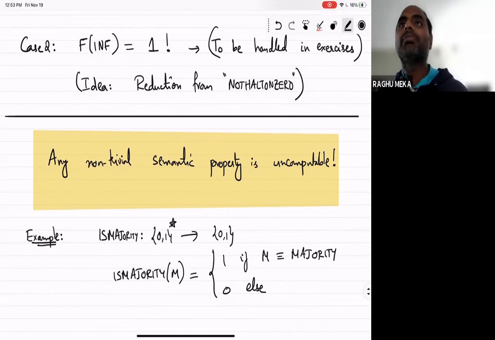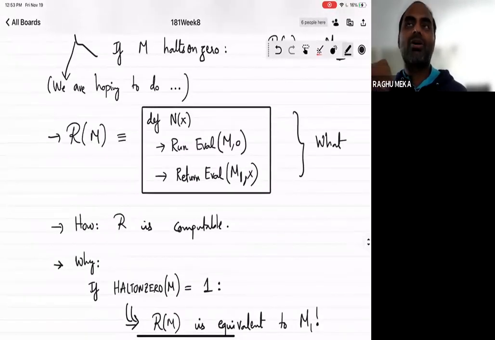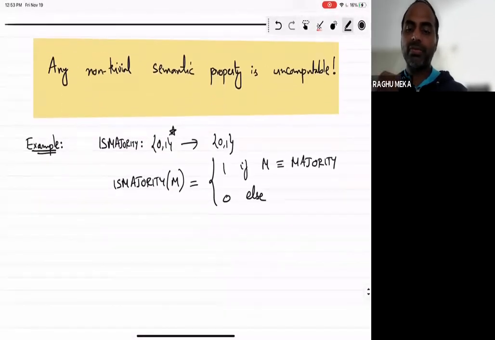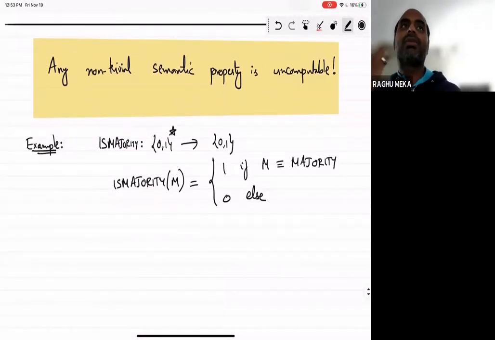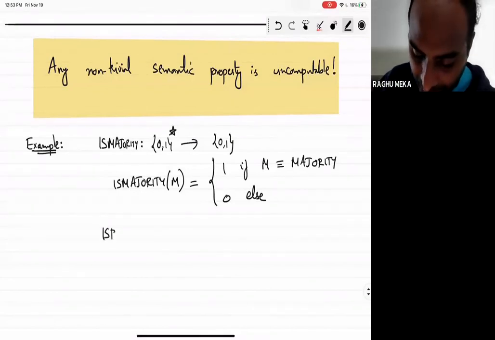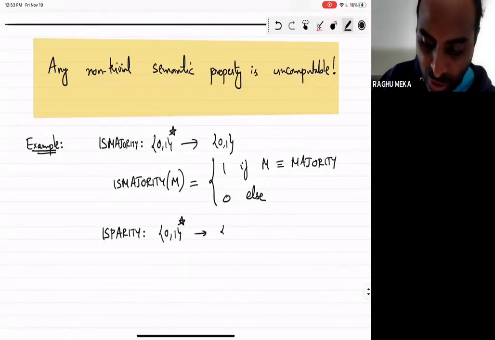Rice's theorem just completely kills it. If I give you any program and I ask you to check, is it computing majority? There is no automated way to do it, because I can build up this simple dummy trick, it's not even that complicated, and make you solve the halting problem. If someone comes and says, okay, this function is actually going to compute parity, that's good, but there's no way to verify it.